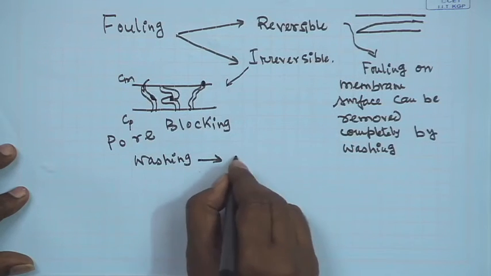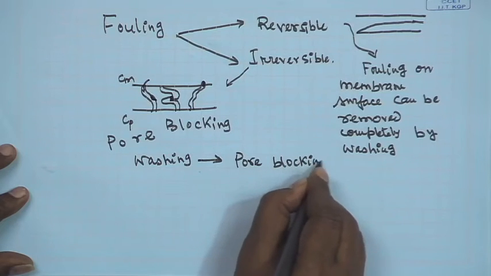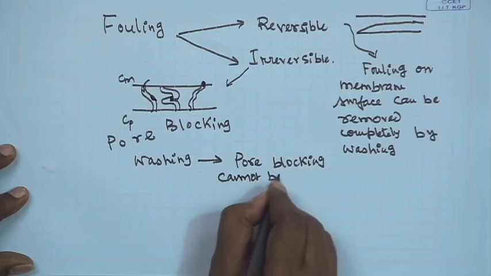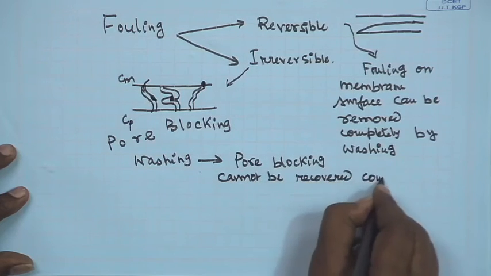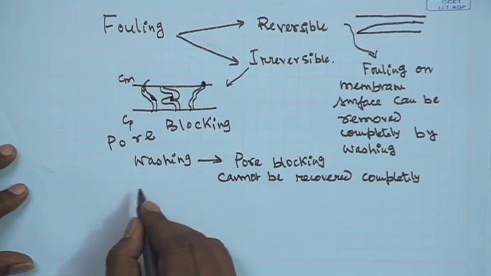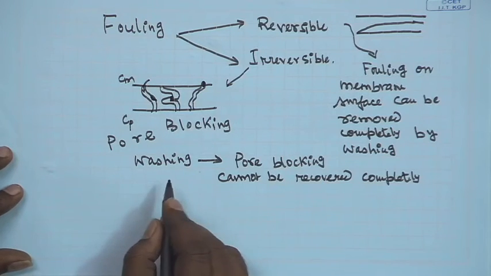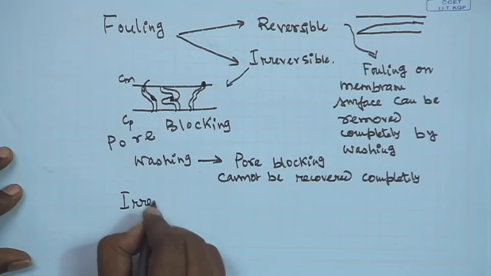So, the pore blocking cannot be recovered completely, and therefore some fraction of membrane permeability is permanently lost, and this is known as irreversible fouling.